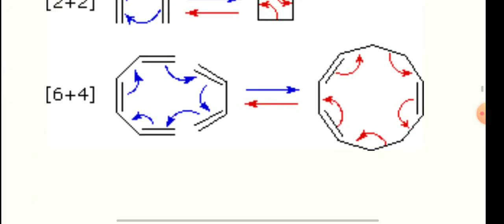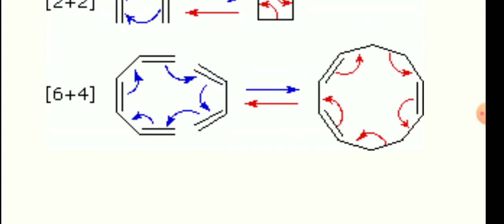Definitely it is very difficult to form this 10-member ring, but if you use the concept of the cycloaddition reaction, this is the example of the 6 plus 4 cycloaddition, and you can get very easily a cycloadduct containing 10 carbon atoms.